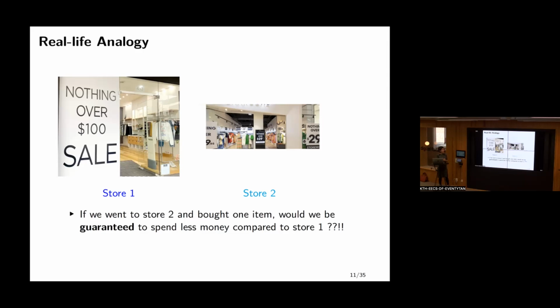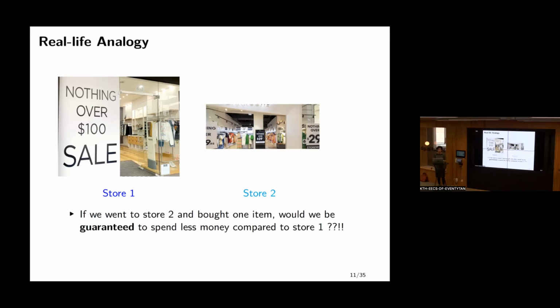Then the question is, if you go to store two, are you guaranteed to buy something cheaper compared to if you went to store one? I hope you understand that this is not necessarily true, and you might get trapped into something more expensive, even the same item, where it could be 25 here and 23 over there. So there is really no guarantee that you would end up better off if you went to store two.